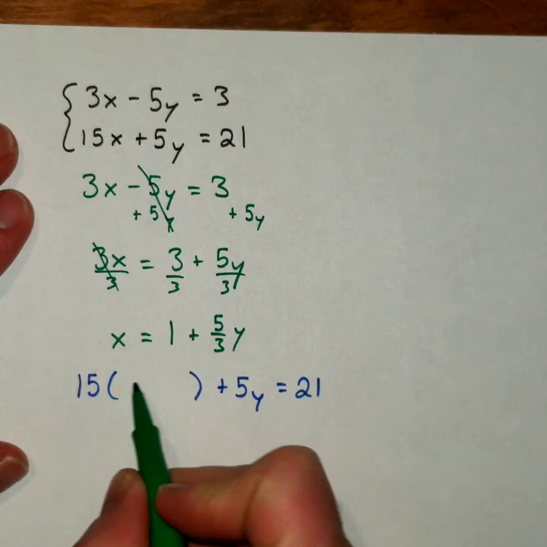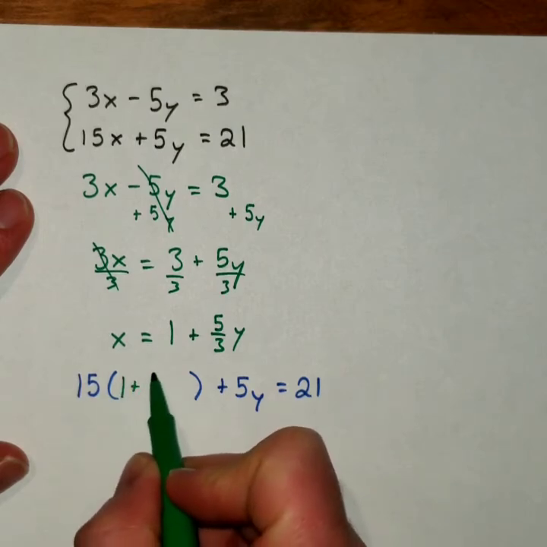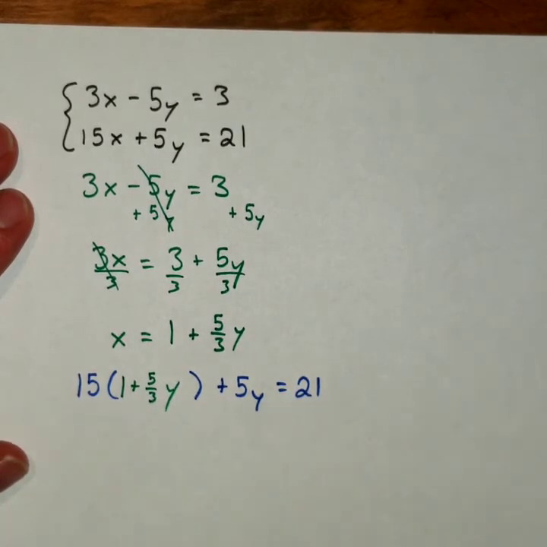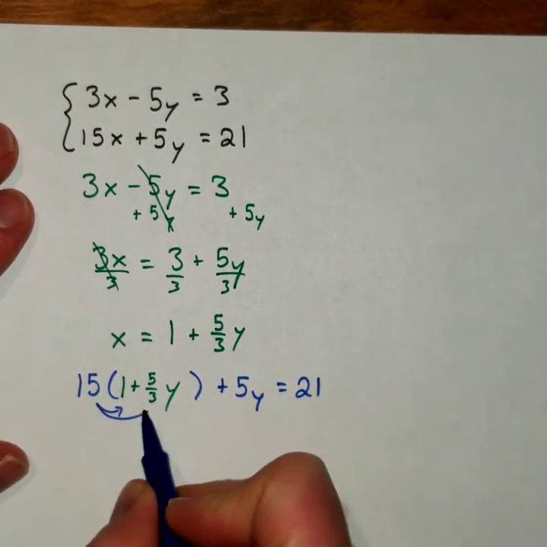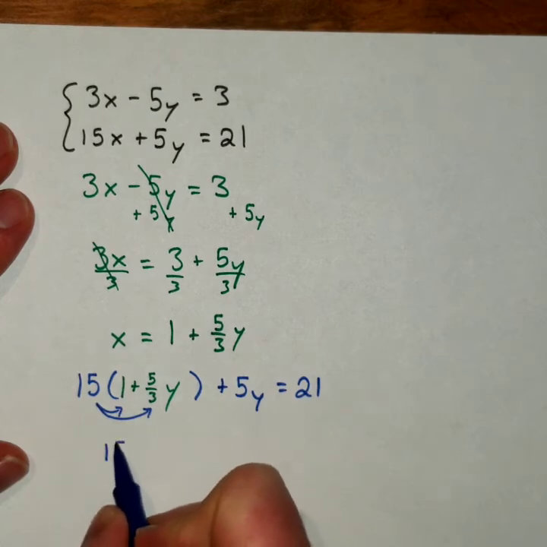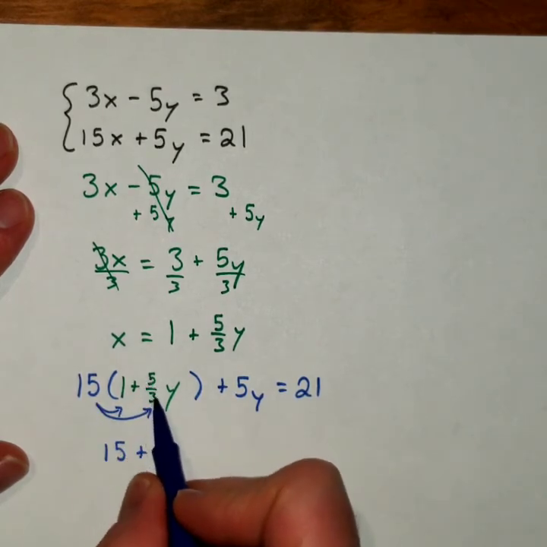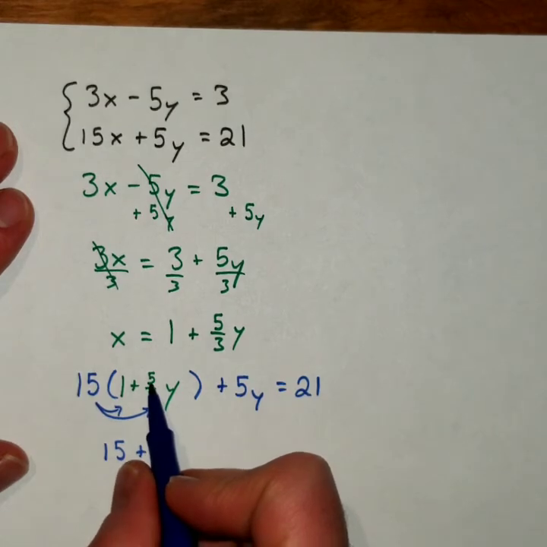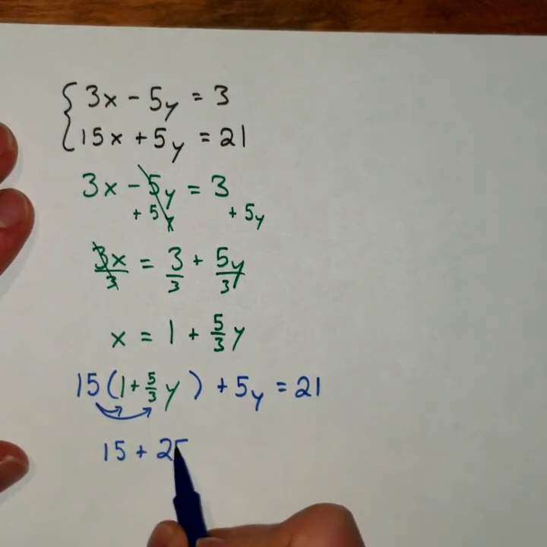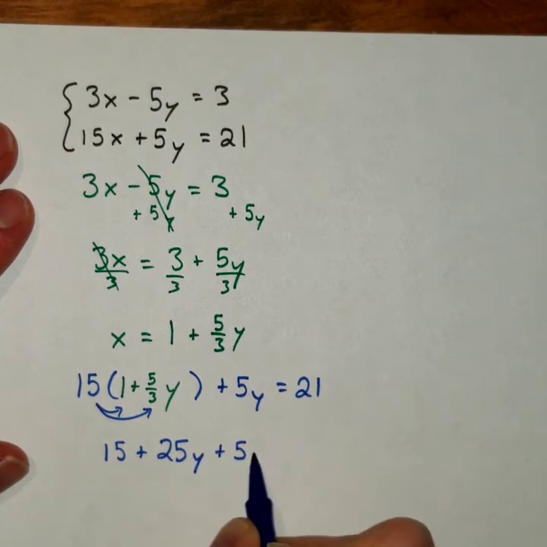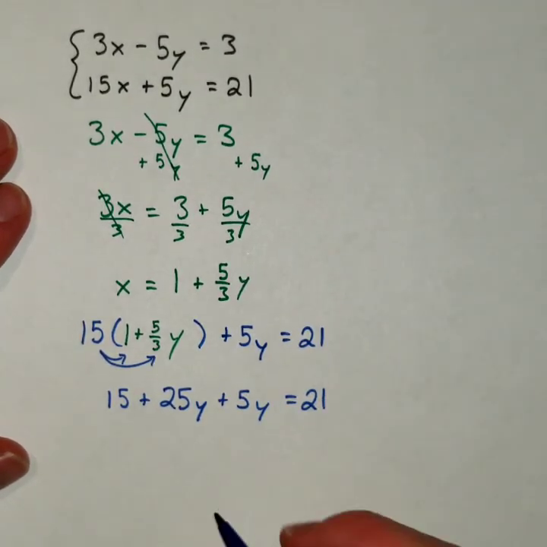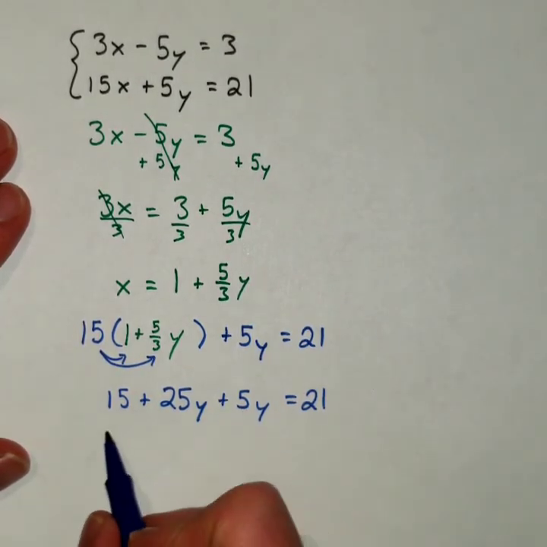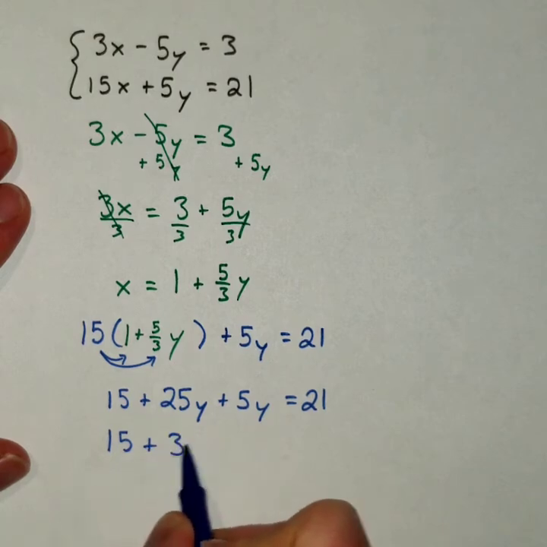Substitute this new expression in for the x, 1 plus 5/3 y, and then we distribute the 15. 15 times 1 is 15. 15 times 5/3, well, 15 divided by 3 is 5, and 5 times 5 gives you 25, so that's 25y. And then we combine our like terms. 25 and 5 makes 30. So we have 15 plus 30y.